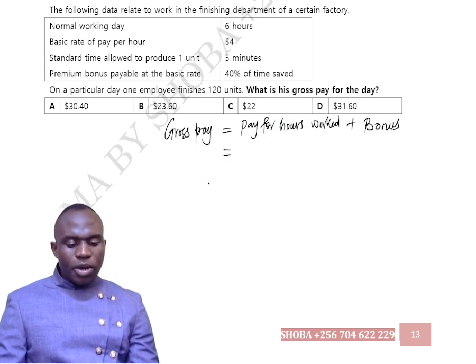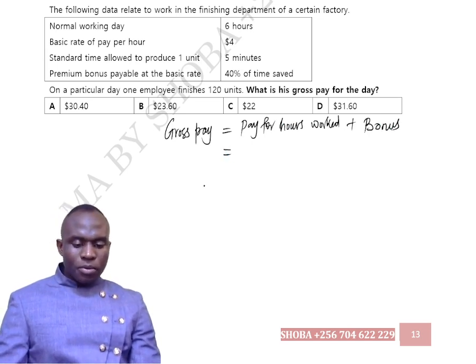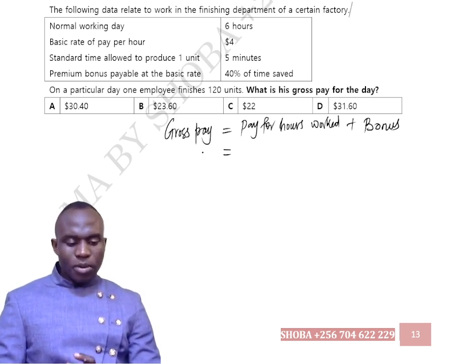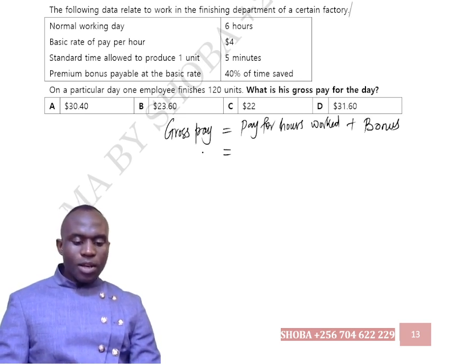So how many hours were actually worked? So a normal working day is 6 hours. Basic rate is $4 per hour. Then the standard time allowed to produce a unit is 5 minutes. Premium bonus is payable at a basic rate of 40% of the time saved.